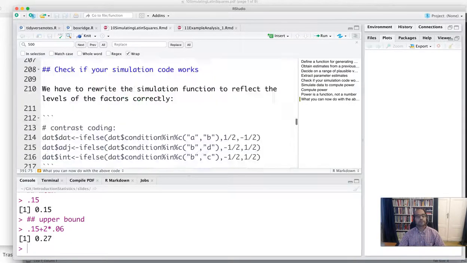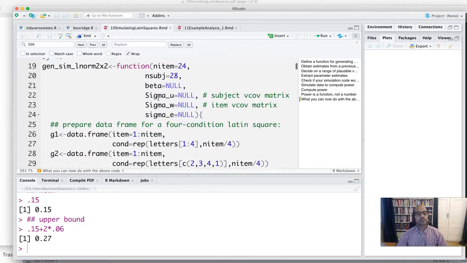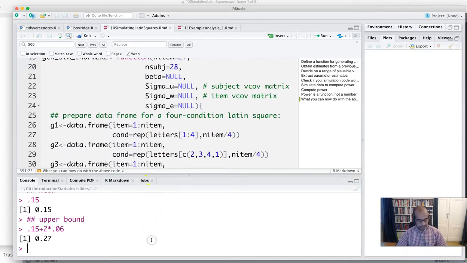So let me get to my code here. Let's assume, just for illustration, that I have 4 items and 8 subjects. So that's the situation.